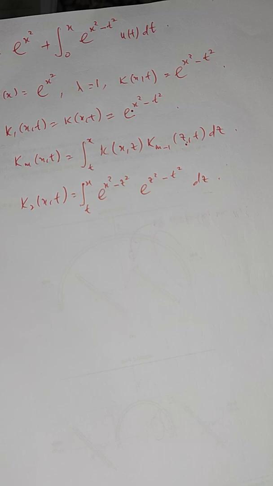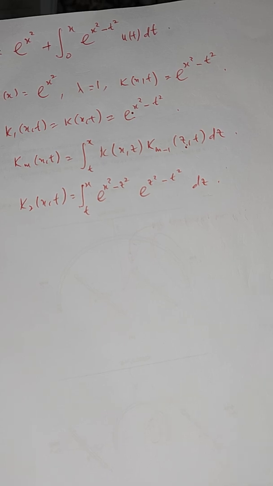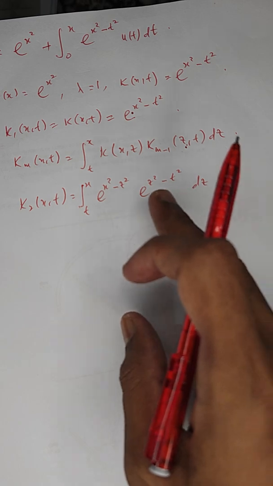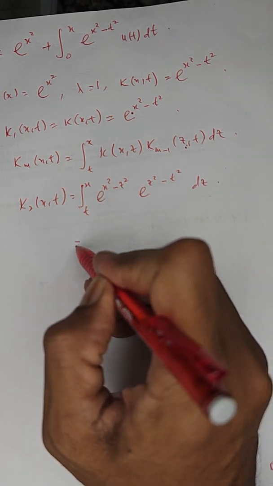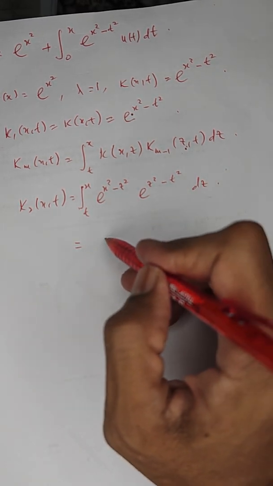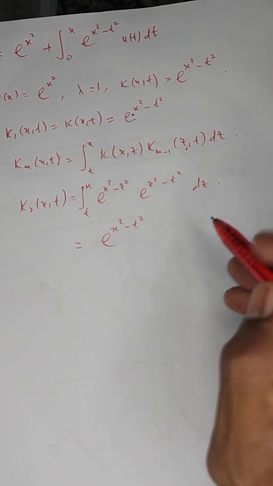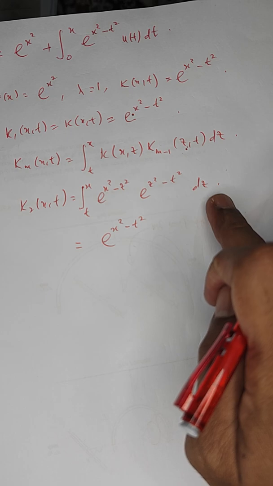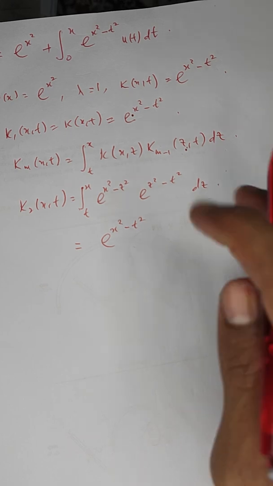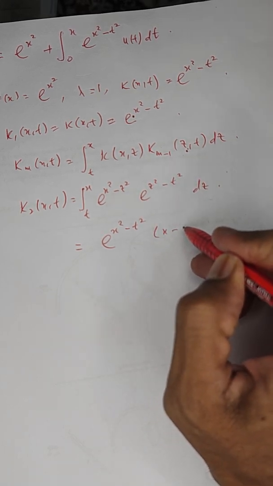Am I correct? Yeah, it seems okay. So if you do this, this gives you e^(x^2 - t^2) times (x - t).